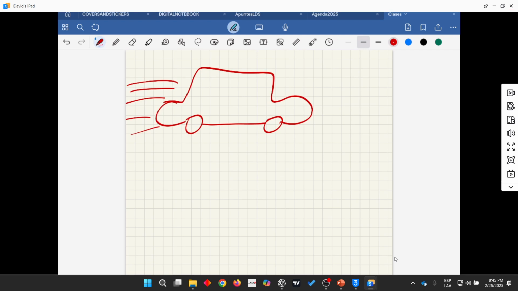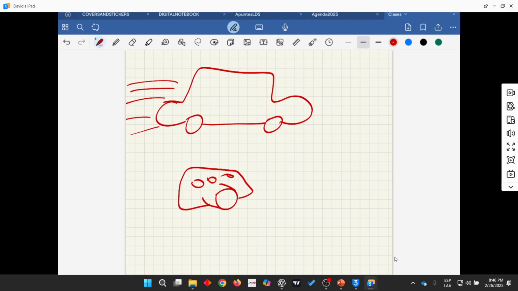And you want to take pictures of that car. Let's suppose this is a camera, okay? And you want to take many pictures of the car's movement. So the more pictures you take, the better the quality of the images is going to be.